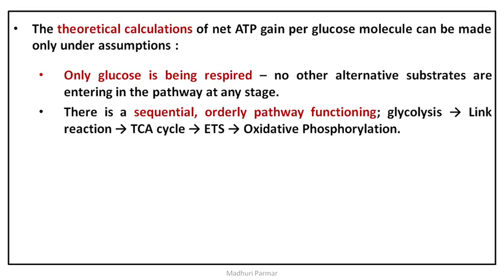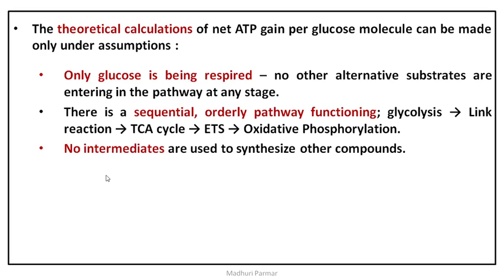Sequential means step by step, right? An orderly, very ordered, very disciplined pathway functioning. What does this mean? So if glucose is entering, it will undergo glycolysis. After glycolysis will be link reaction followed by TCA cycle, then electron transport system, oxidative phosphorylation. Clear? So there is no mix-up in this sequence. It is going in the sequential order.